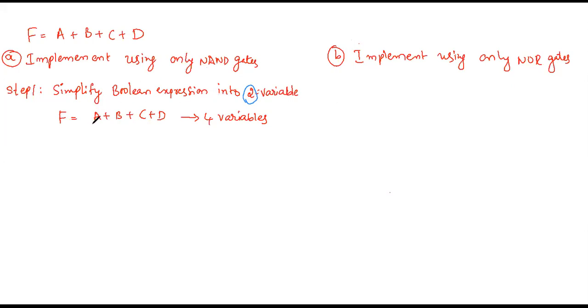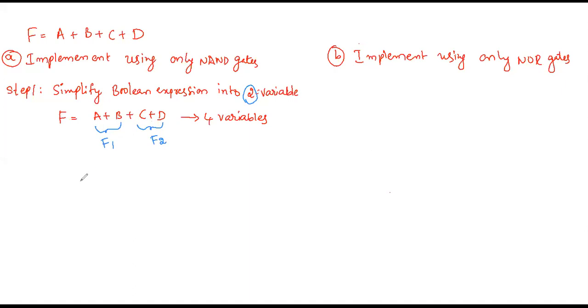These four variables are there, so simplify it into two variables. There are no rules. What are the possibilities? I can consider A + B as one variable F1, C + D as one variable F2.